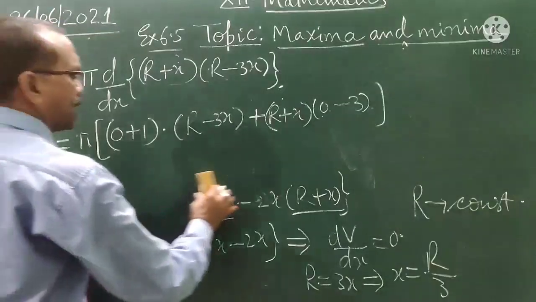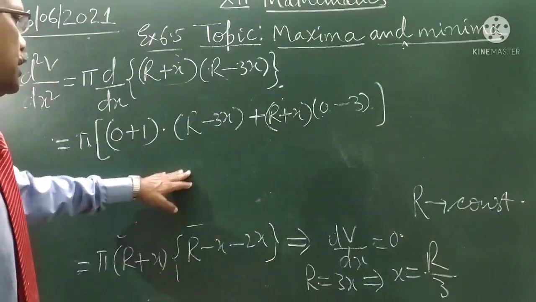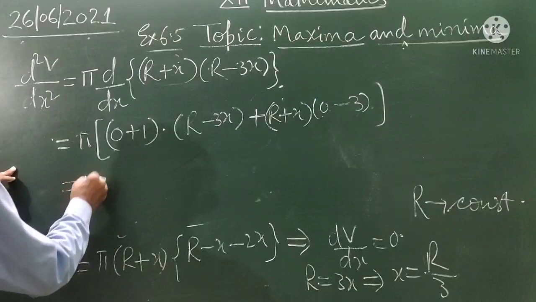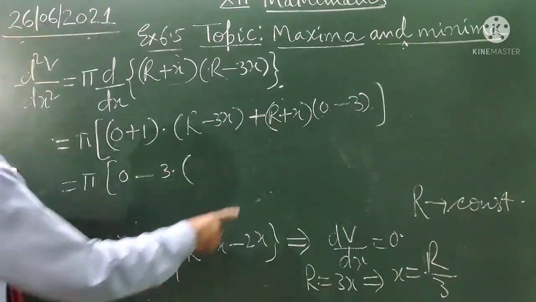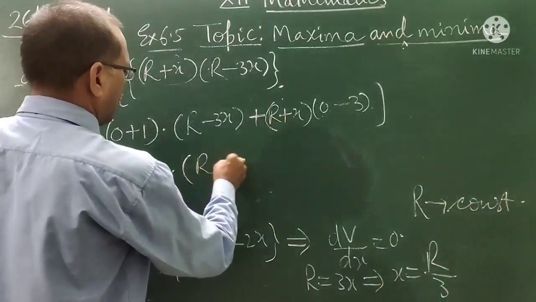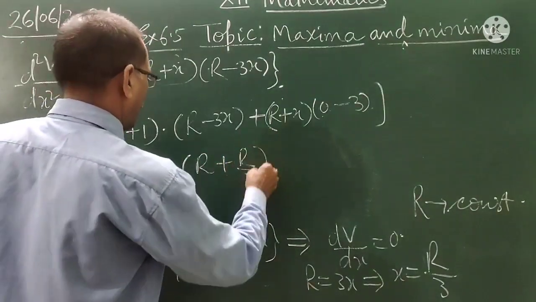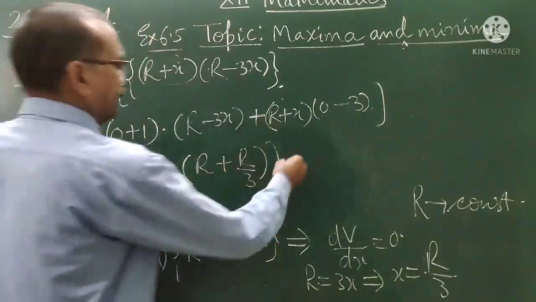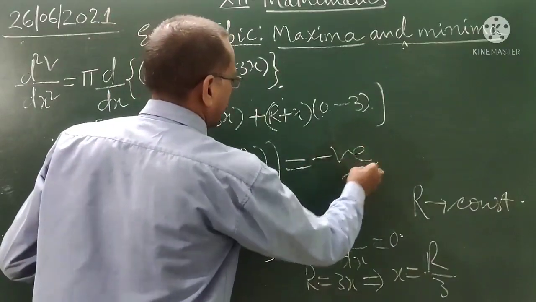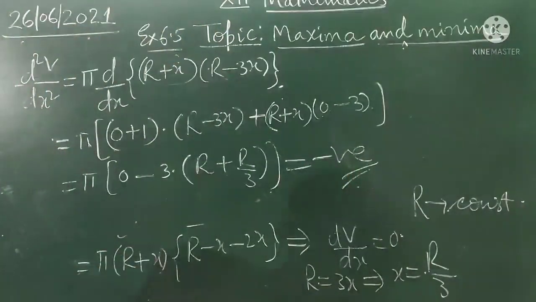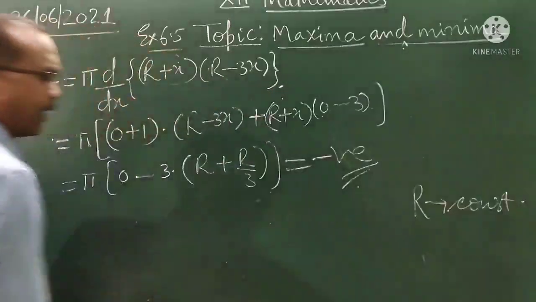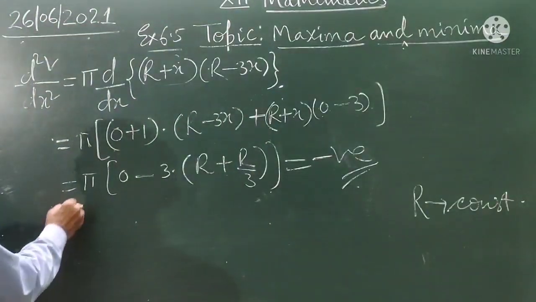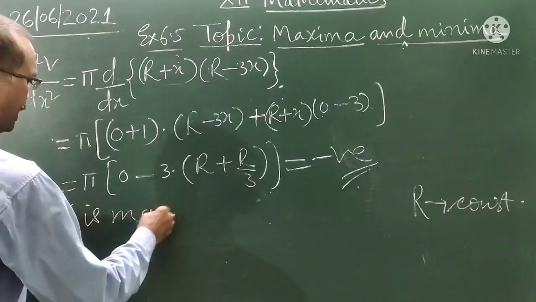Since R minus 3X is 0, it is 0 minus 3 into the value of X, which is R upon 3. Since there is a negative, the second order derivative is negative. Hence, V is maximum.